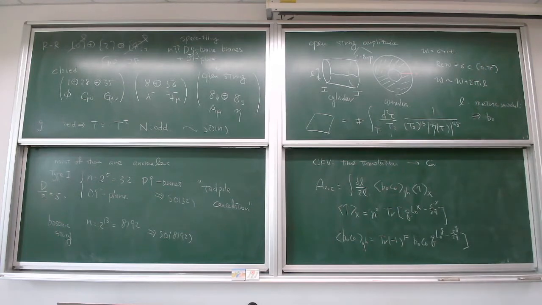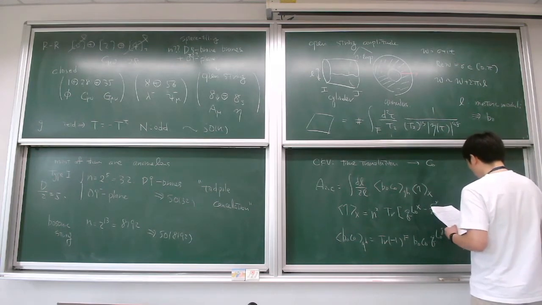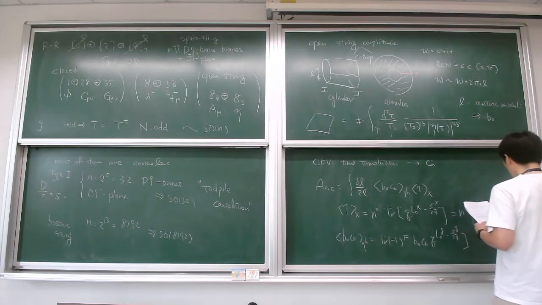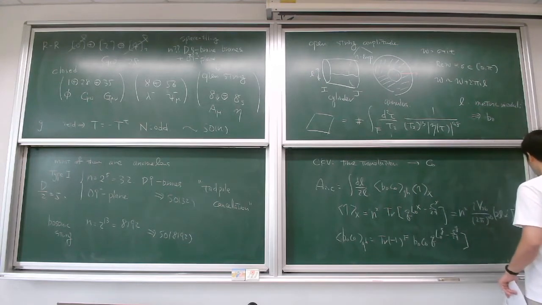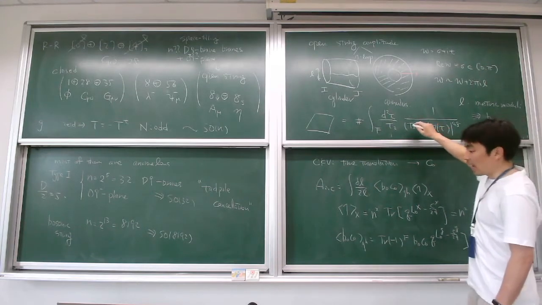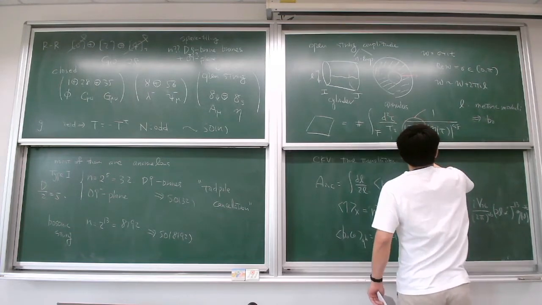This one is the same exercise we can do, which gives N squared times the volume V26 over 2 pi to the 26, and then 2l alpha prime to the minus 13, eta of il to the minus 26. So l is a metric modulus. Recall that this factor comes from the Gaussian integral over the zero mode of momenta.